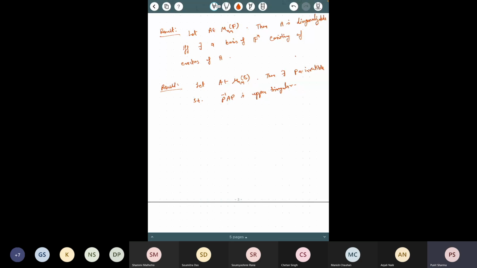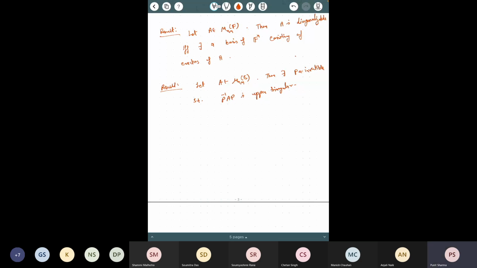But we can ask for something extra. It is called a unitary similarity transformation. That means this P matrix would be replaced by a unitary matrix.